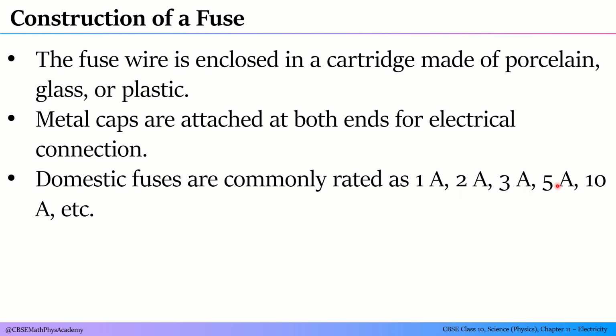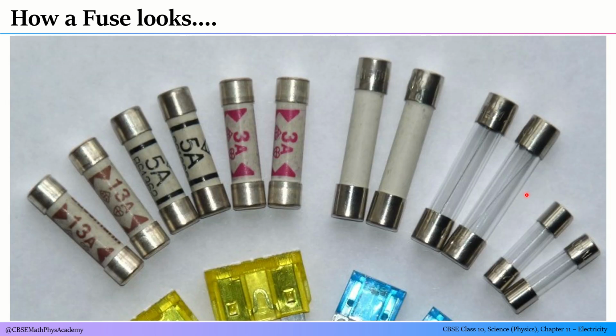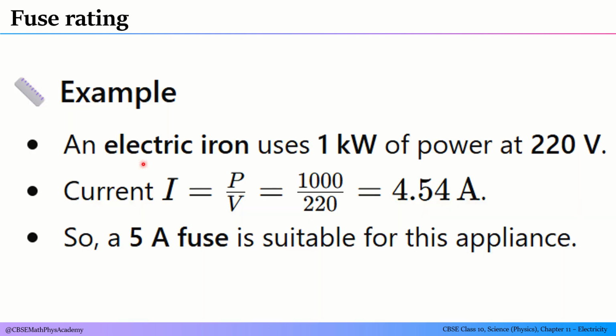Whatever amount of current flows, you need the equivalent fuse. In an image it looks like this. This is a thin metallic wire. These ends are the metallic caps which I told you about, which carry the current through the fuse wire. And these are the ratings I told you about: 5 amperes, 3 amperes, 13 amperes, and so on. These are the different ratings of a fuse.